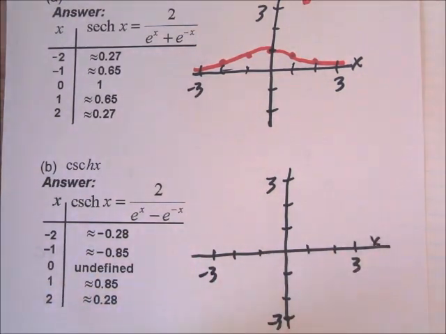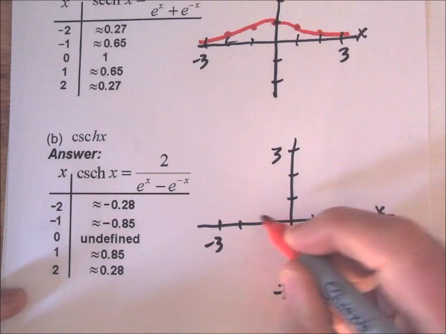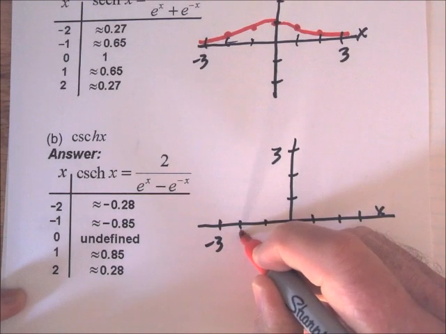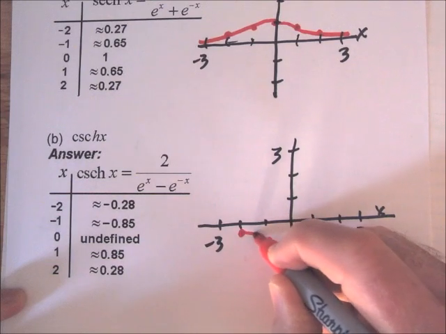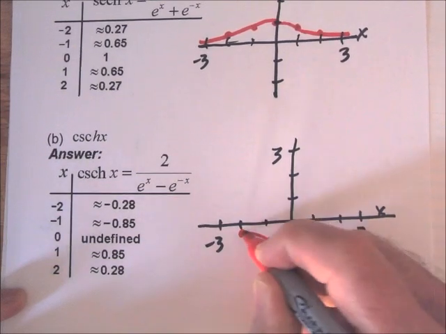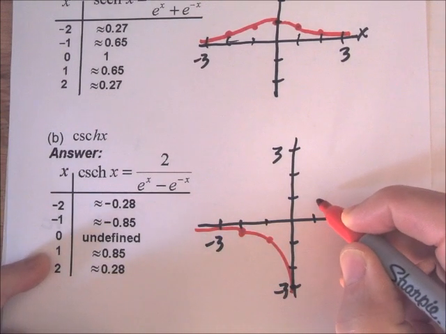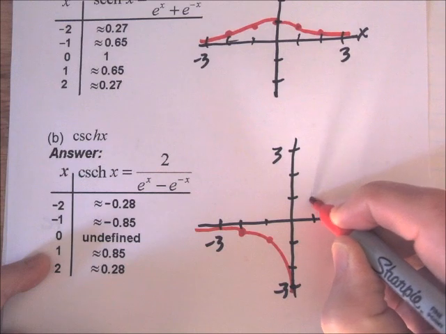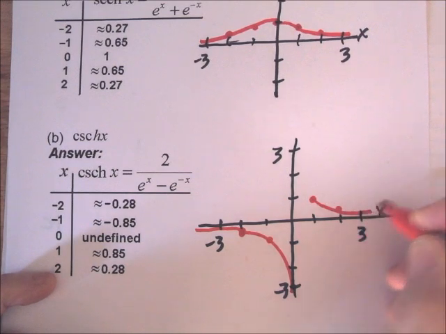Okay, so the axes are going to be asymptotes for this one. We have 2 to the left, down about a quarter, and 1 to the left, down almost 1, and connect the dots, extend it toward the asymptotes. And then we'll have 1 to the right, up almost 1, 2 to the right, up about a quarter, connect the dots toward the asymptotes.